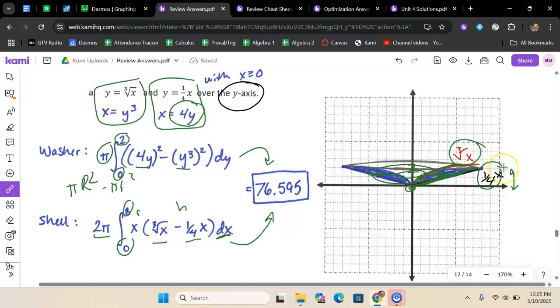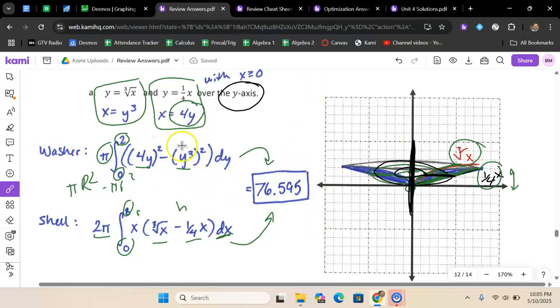If they are perpendicular, so I've got my rectangle here versus my axis of rotation here, those are perpendicular, then I'm going to get a washer whenever I rotate that around. Okay, so I think that's the key, is being able to figure out which way the rectangles need to go. What shape do I get from that? That's the important part here. And then being able to write those out.